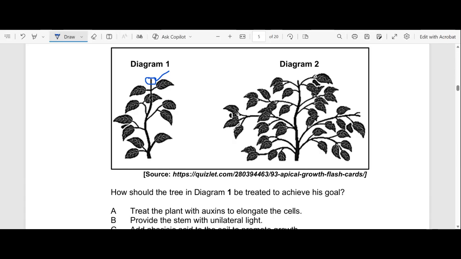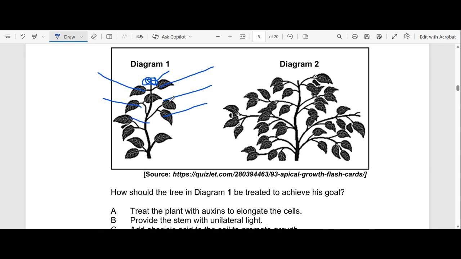What is apical dominance? Apical dominance is when the concentration of auxins inhibits the growth of what? Lateral branches. I hope that makes sense. But the moment you cut off this growing tip of the stem, then you start to see lateral branches grow wider.